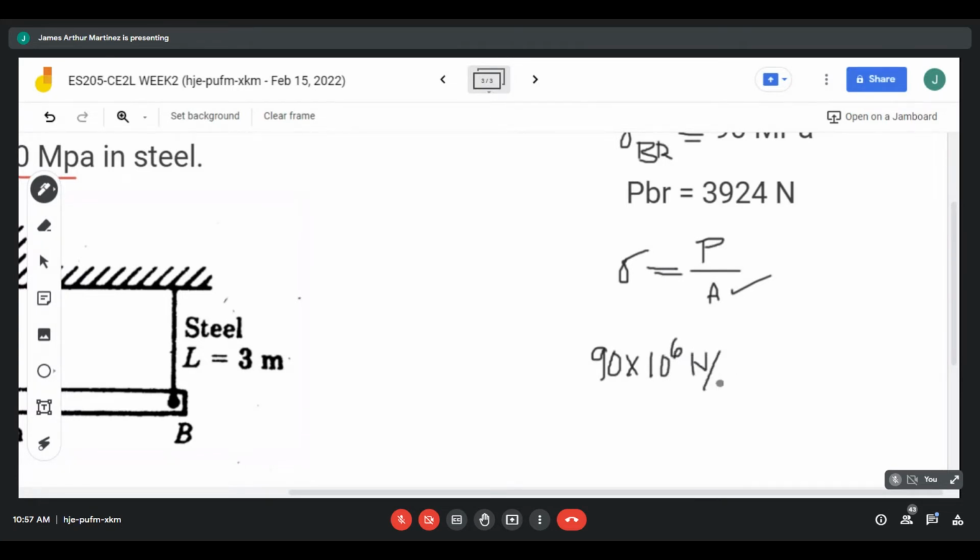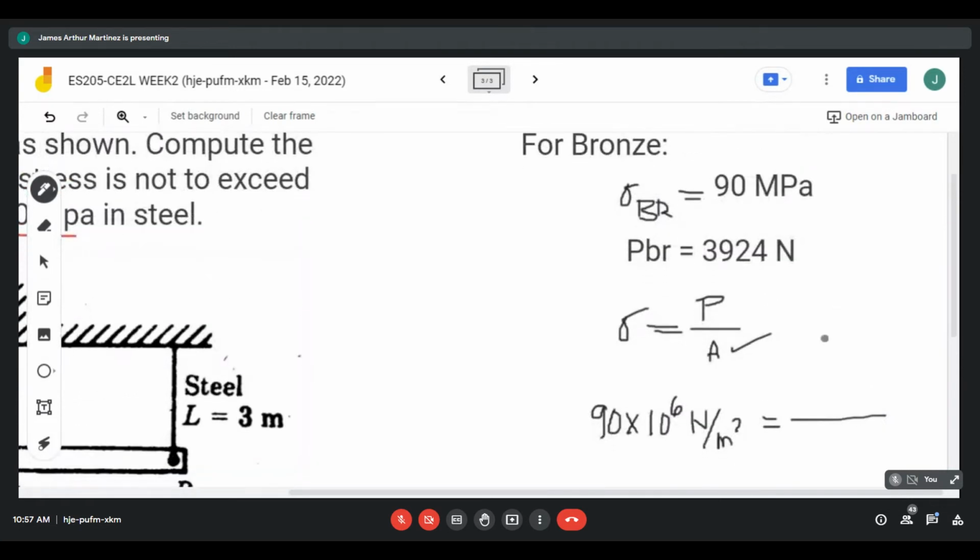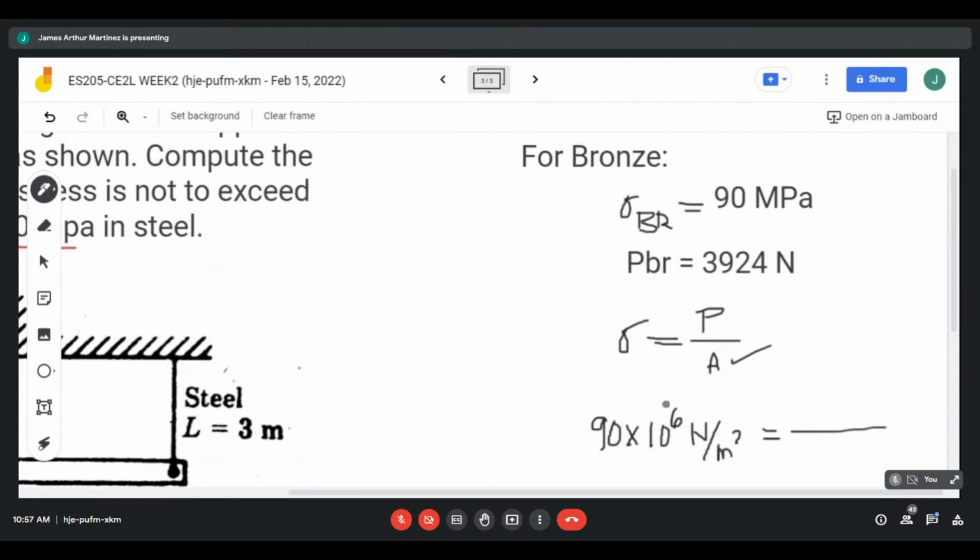So ako lang i-show ang iyahang units kay para makita nato ang iyahang pag-cancel and if unsay mabilin nga mga units. So stress is 90 MPa. So that is 90 times 10 to the power of 6 Newton per meter squared, or ako siyang gi-convert into its basic nga unit sa stress nga Pascal. So, since naka-megapascal man siya, ako siyang gi-multiply og times 10 to the power of 6, then naka-pascal na siya.